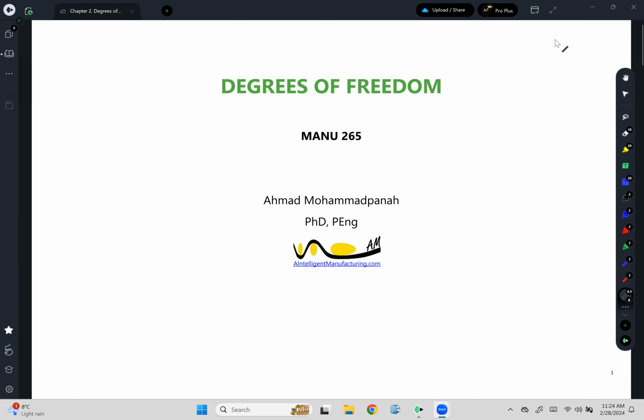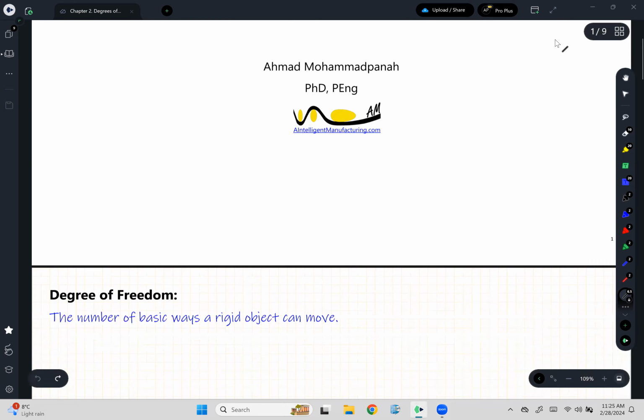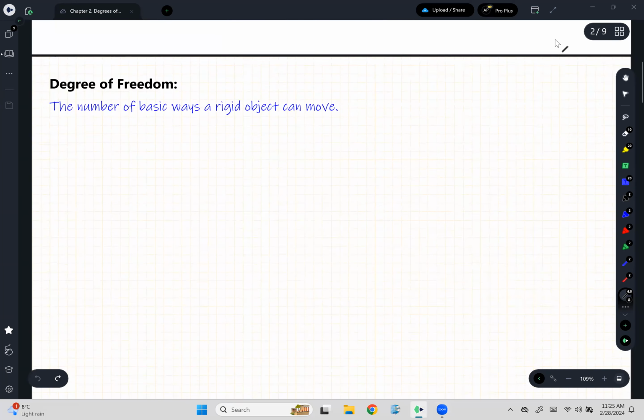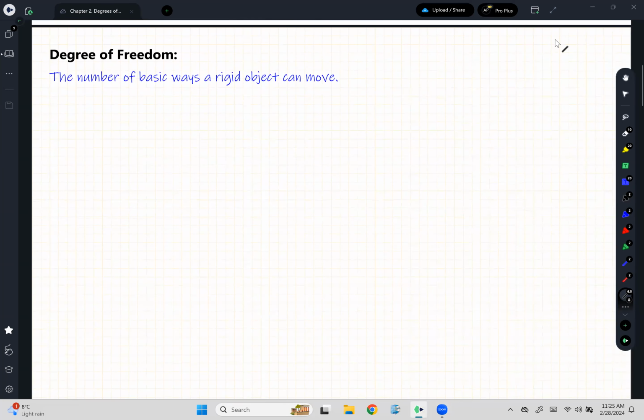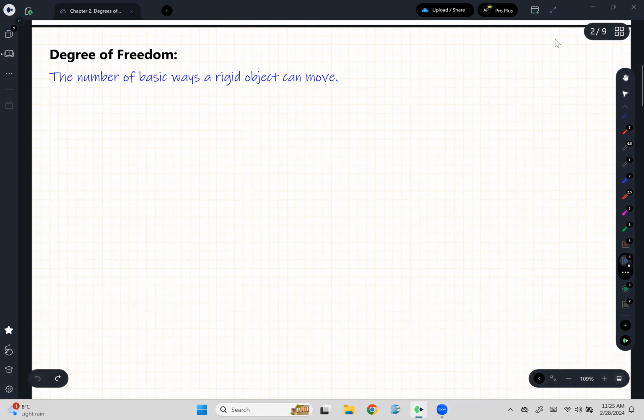What is the degrees of freedom? As the name implies, it is the number of freedoms that a mechanism or a component has. All right. Let's start with a very, very simple example. Let's say that you have a box on the screen.